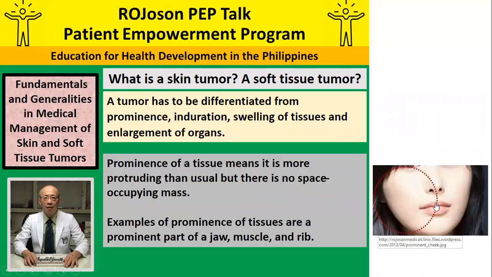The tumor has to be differentiated from prominence, induration, swelling of tissues, and enlargement of organs. Prominence of a tissue means it is more protruding than usual, but there is no space occupying mass. Like this, prominent cheekbone. And then another example will be prominence of the muscles or ribs.